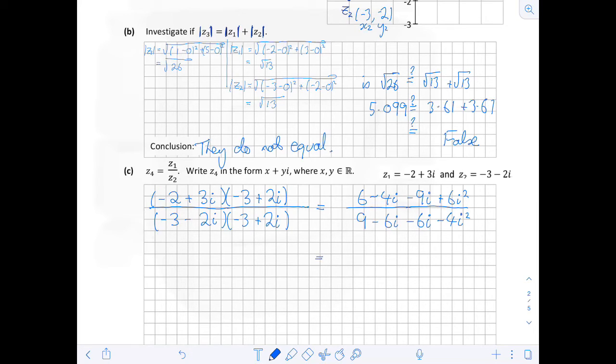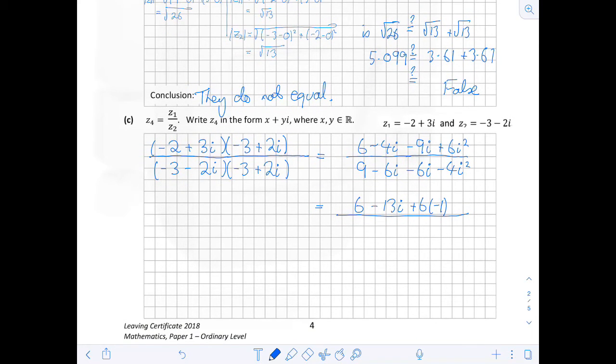So that now is going to equal 6 minus 13i plus 6 times -1.